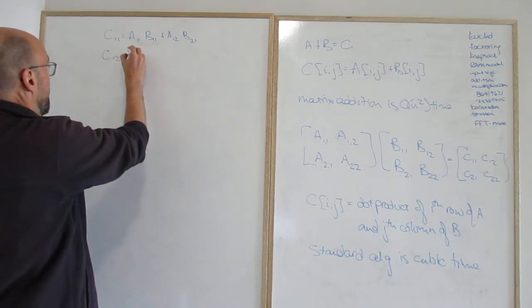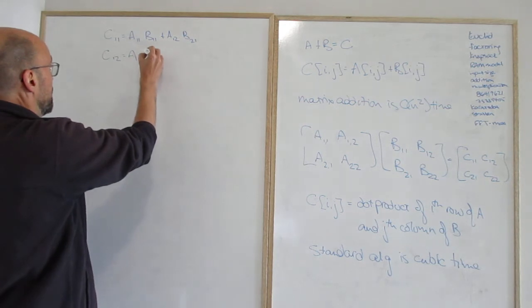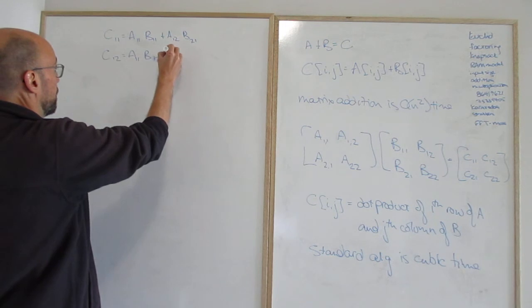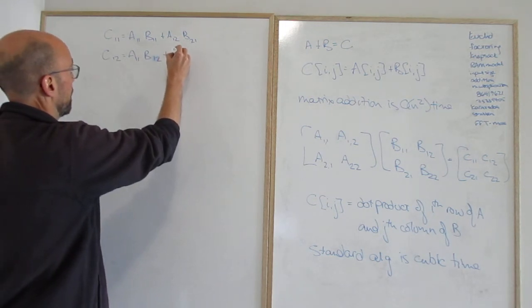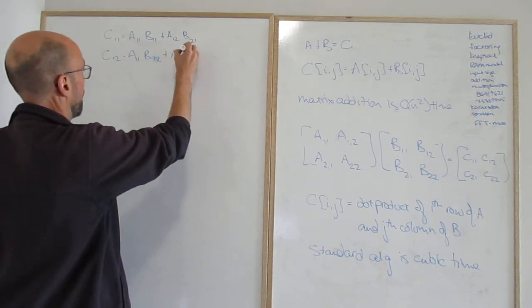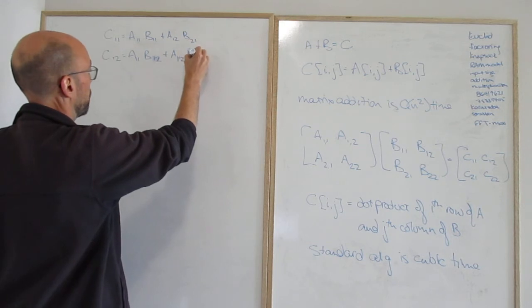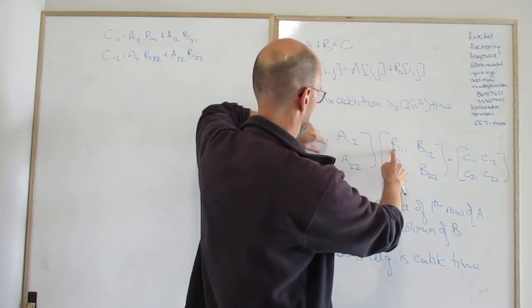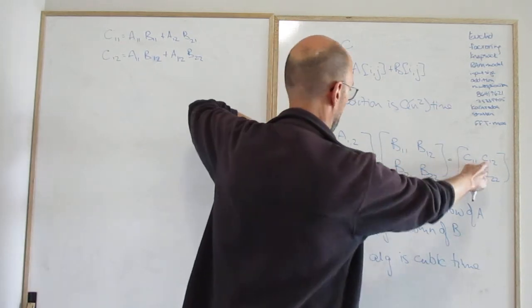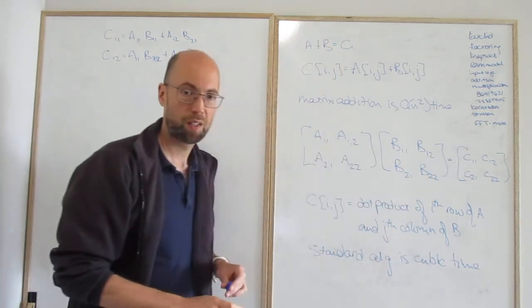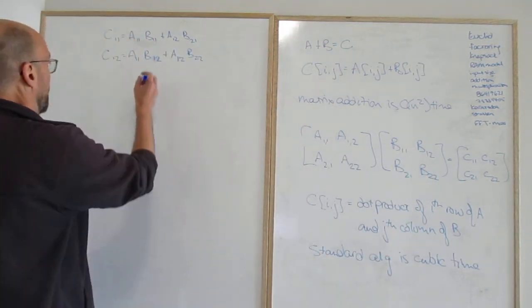C12 is A11 times B12 plus A12 times B22. To get C11, you do this times this and this times this. To get C12, you do this times this and this times this.